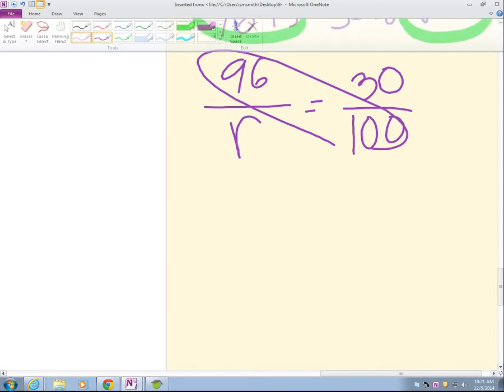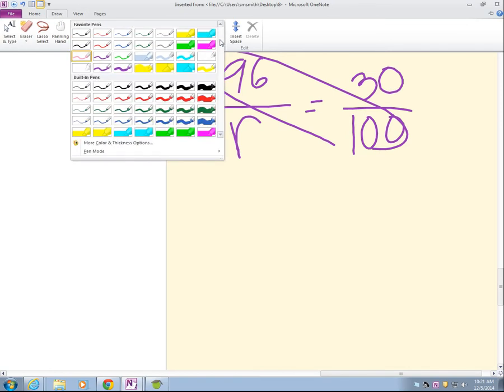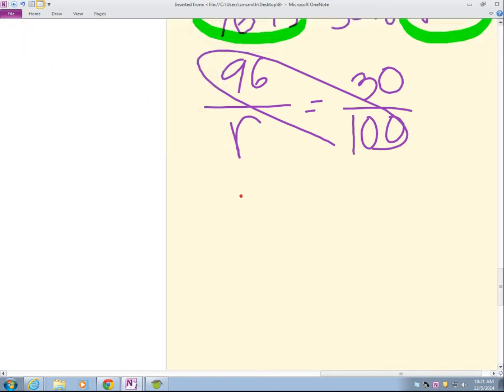I'm going to do a different color. I'm going to do 96 times 100 and 30R. 96 times 100 is easy. It just pops 2 to the right.